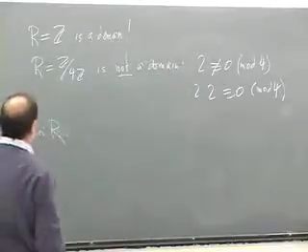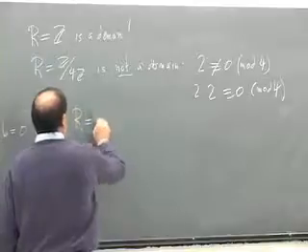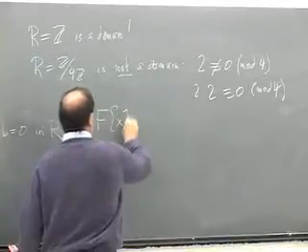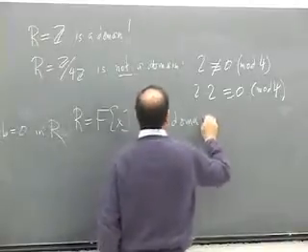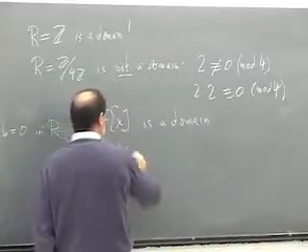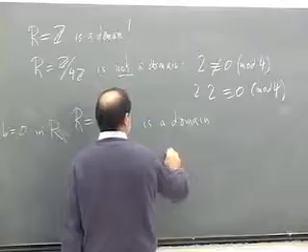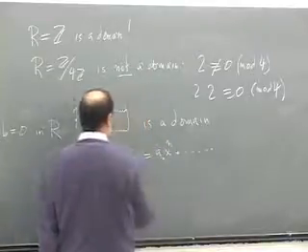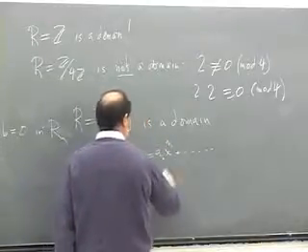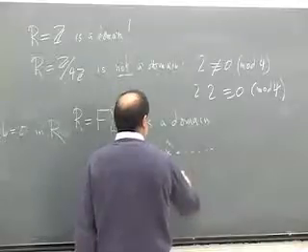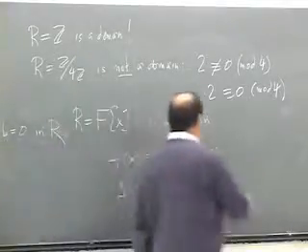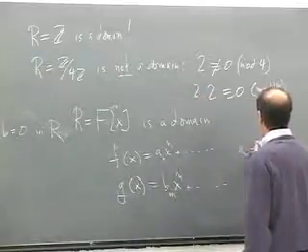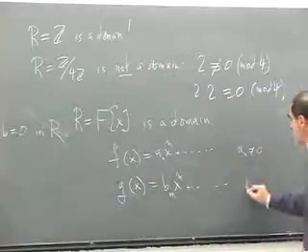Another example of a domain. R, polynomials over a field, is a domain. Because if you have two non-zero polynomials of different degrees, then they have a non-zero first coefficient, right? So a_n is not equal to 0, and b_m is not equal to 0.